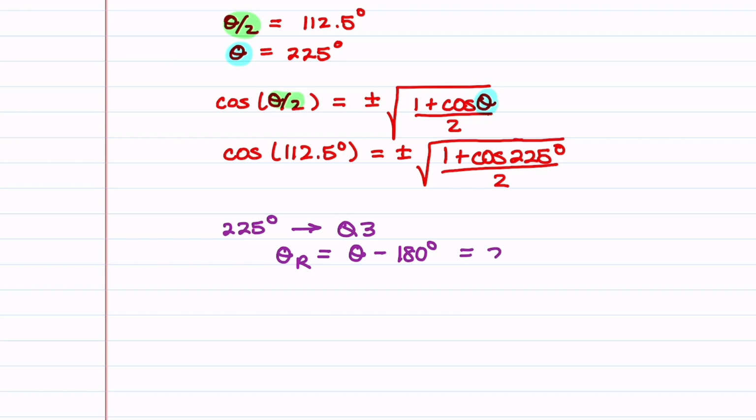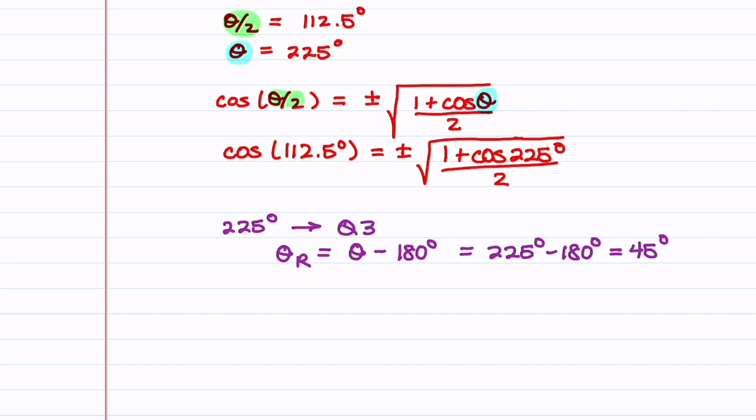So this is equal to 225 degrees minus 180 degrees, and we get 45 degrees. Cosine is also negative in quadrant 3, so cosine of 225 degrees is equal to minus cosine 45 degrees, and this is equal to minus root 2 divided by 2.